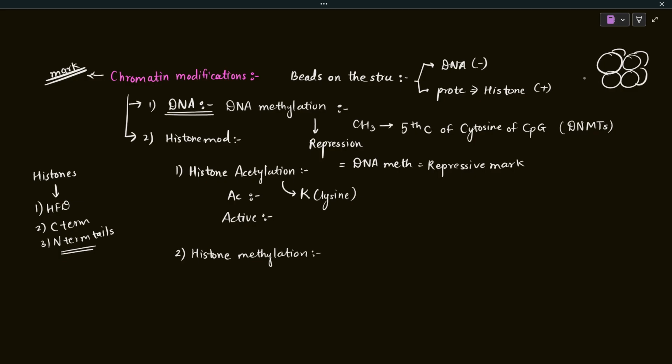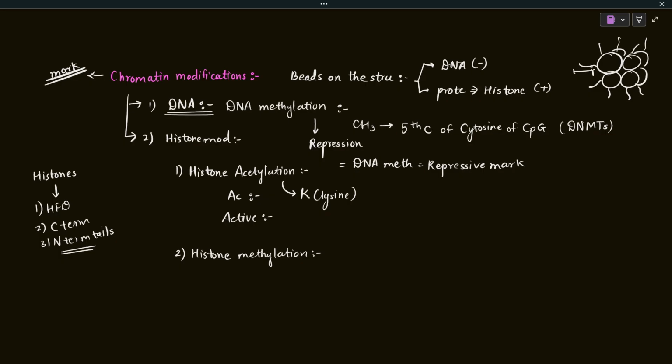We have learned about nucleosomal assembly as well. This is the histone octamer over which the DNA is going to wrap around. On this histone, some N-terminal tails protrude out, which are known as histone tails, and these are nothing but a stretch of amino acids.